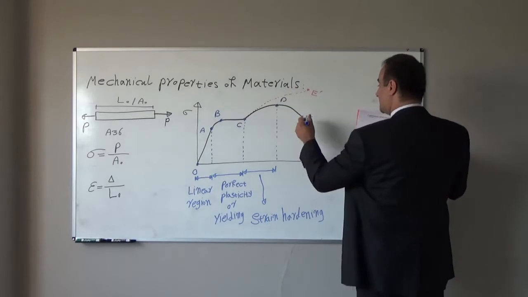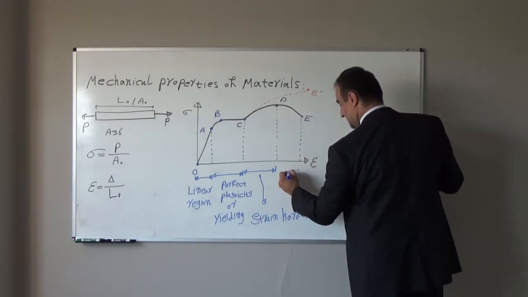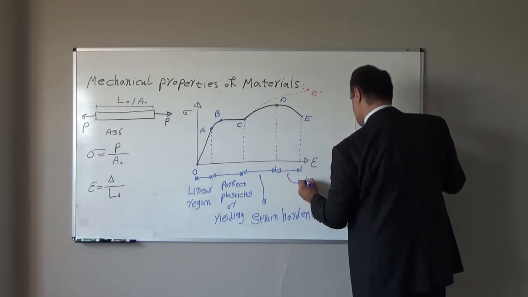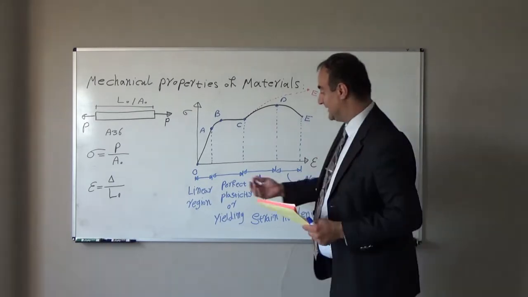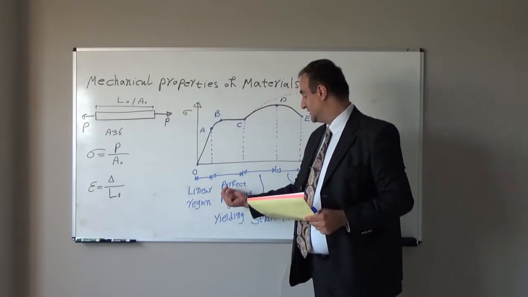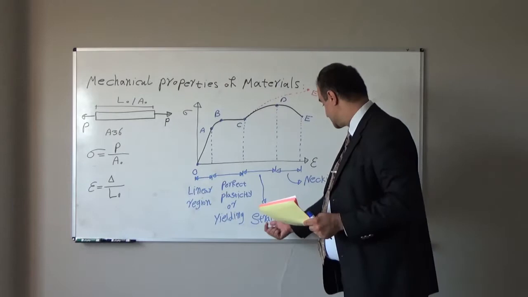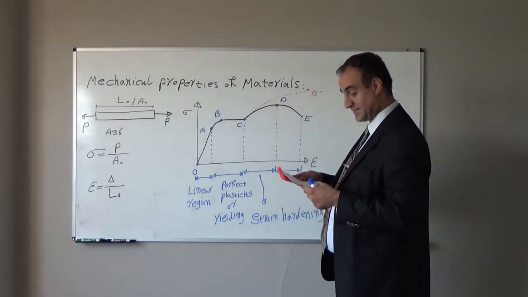From the maximum point until failure point E, we call it necking. So linear region, perfect plasticity or yielding region, strain hardening region, and necking region.